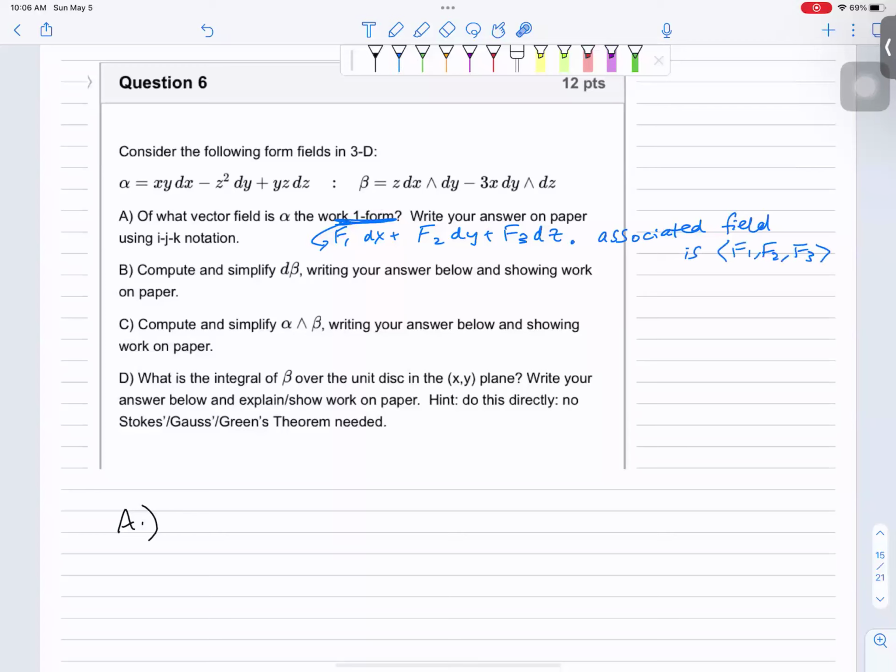So the work 1 form of some field is F1 dx, F2 dy, F3 dz. And they wrote them exactly in that order, dx, dy, dz. So the vector field that's associated to it is xy, negative z squared, yz. This is the vector field that has this associated work 1 form. Oh, and using the IJK notation, you can just write it as IJK.